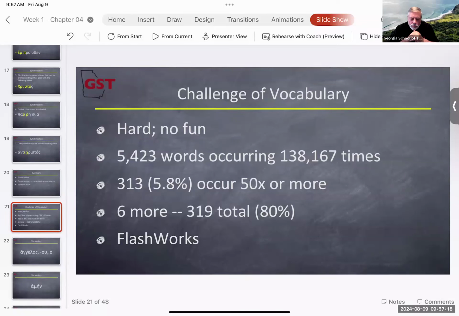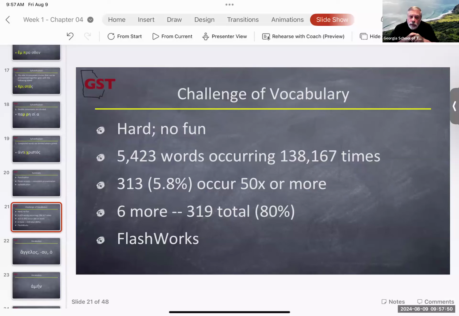All right. Here's the thing. We will now want to move to vocabulary. Some people feel like vocabulary is very hard and no fun. It can feel that way. But as you go through the words, you're figuring out that you're learning a lot more than you realize. There are only 5,423 words in the Greek New Testament that occur 138,167 times. So, do you need to learn all 5,423 words?